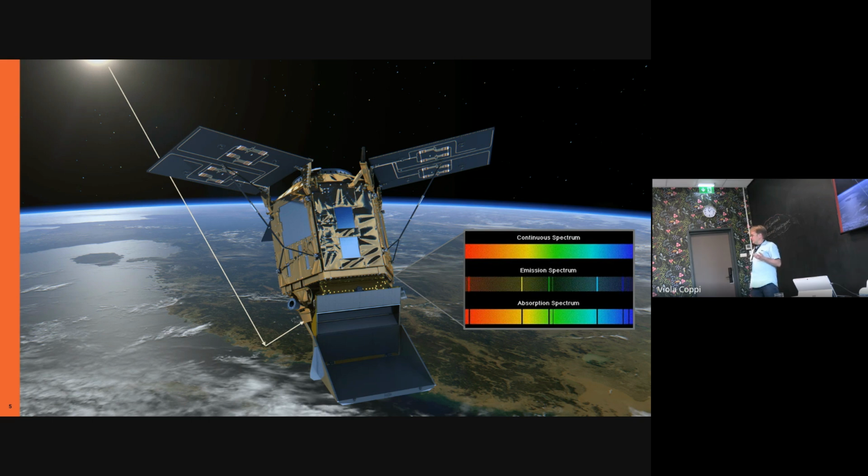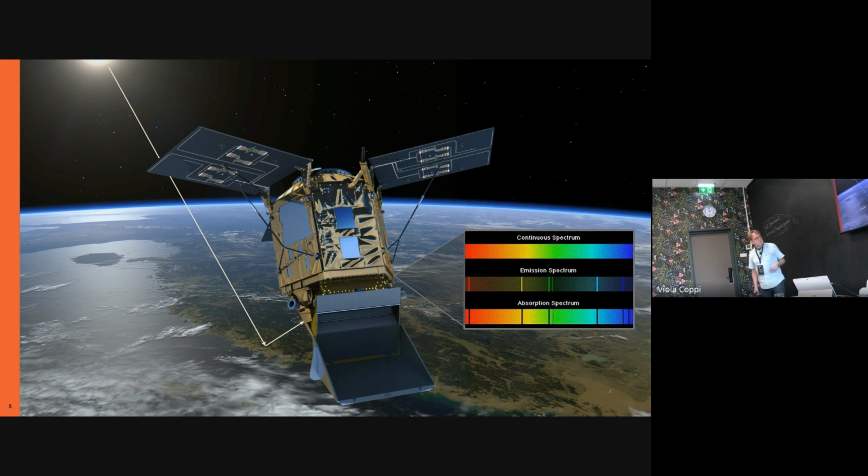So what does this satellite actually do? It flies around the Earth, looks downward and measures the light reflected by the Earth. So that light went through the atmosphere, and there it interacts with molecules in the atmosphere, it's scattered, it's partly absorbed, and then it's reflected at the ground, and then goes to the satellite, and then in the instrument we measure a spectrum, and we try to analyze the absorption features we see.